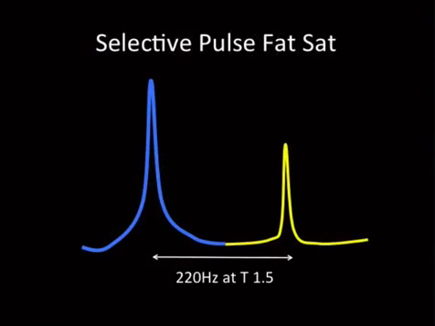So basically, you've got precession frequency of fat is a little bit different than water, and at a greater magnetic field, there's more and more difference there. It's actually easier to separate these peaks out at a higher field strength. But the difference between water and fat, at least at a 1.5 Tesla magnet, is about 220 hertz.